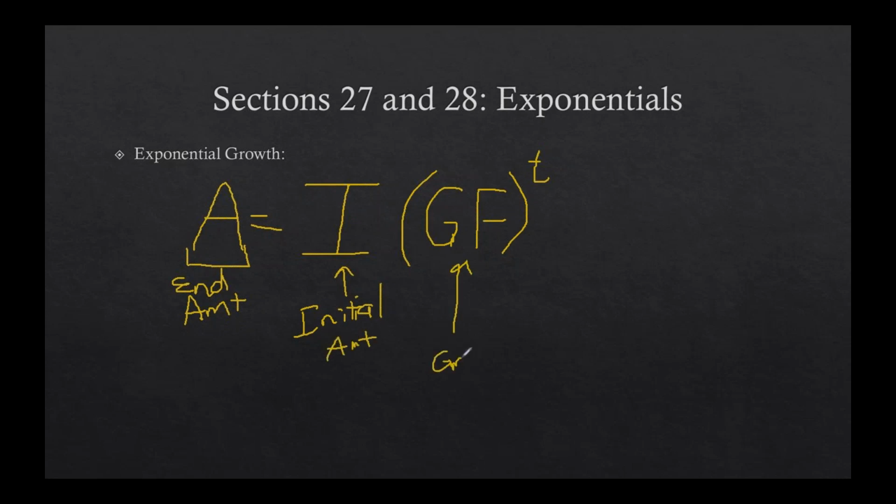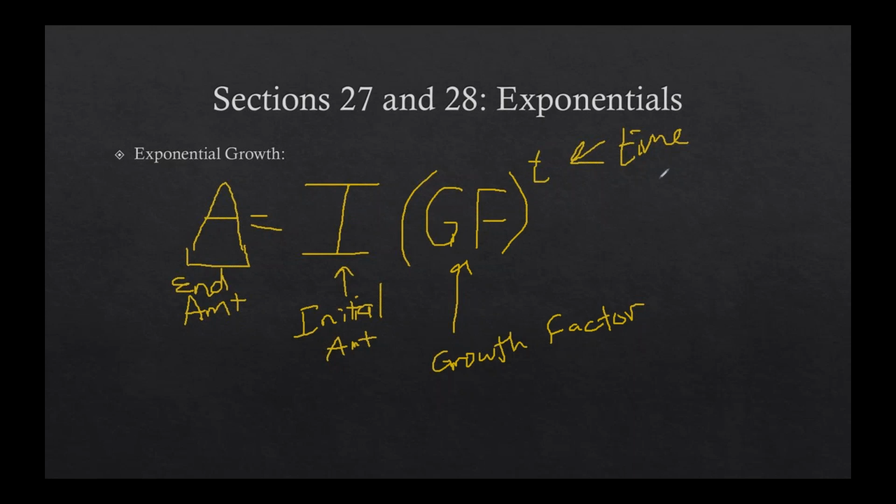This G stands for growth factor. We are going to talk about the growth factor more in depth on the next page, because there are multiple ways of finding the growth factor, and I want to make sure we have them all taken care of. And then T, as you can probably guess, represents time. In this case, time can be any kind of time interval: days, weeks, months, years, 2-minute increments, 30-second increments, it doesn't matter.